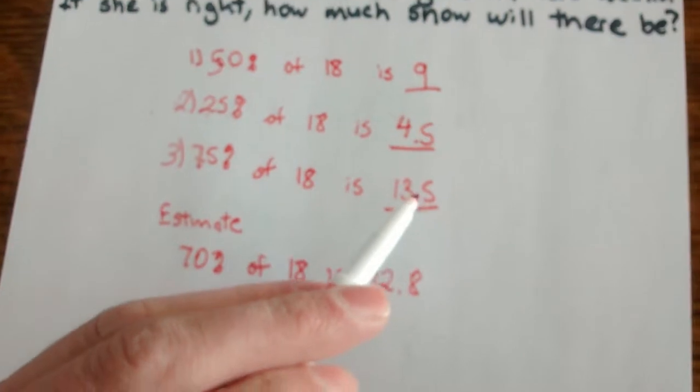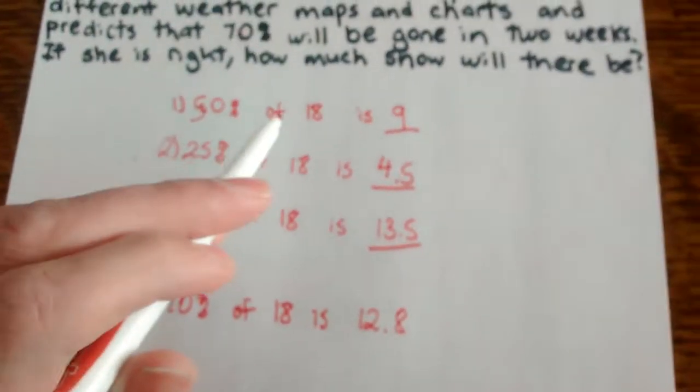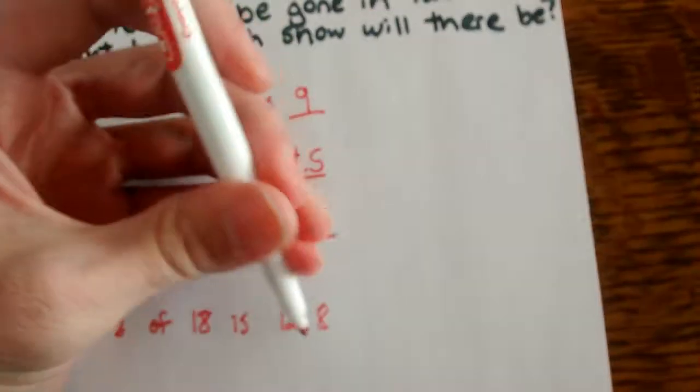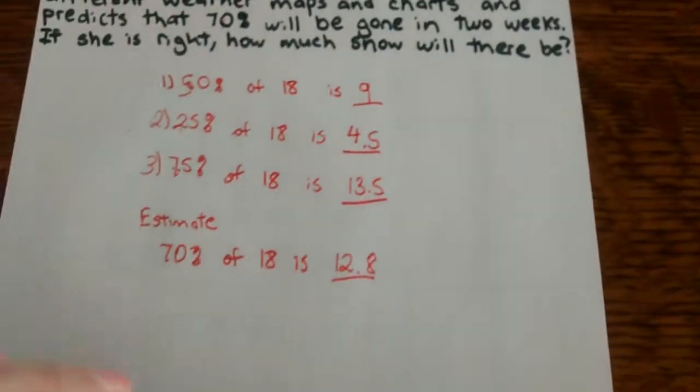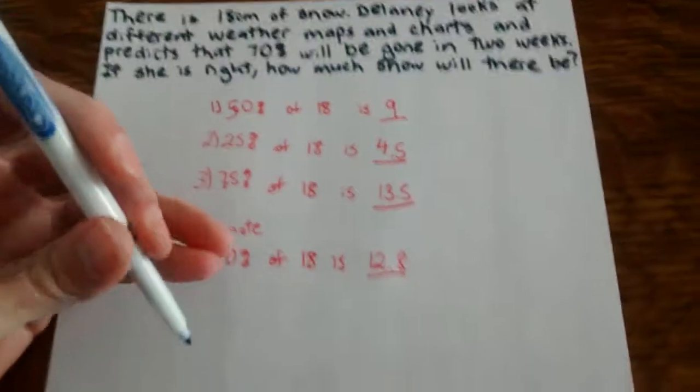Closer to 75 than it is to 50, but that's how much snow I predict will melt in the 2-week time. So let's actually do the math via calculator.